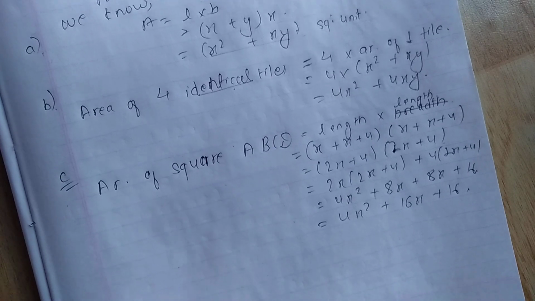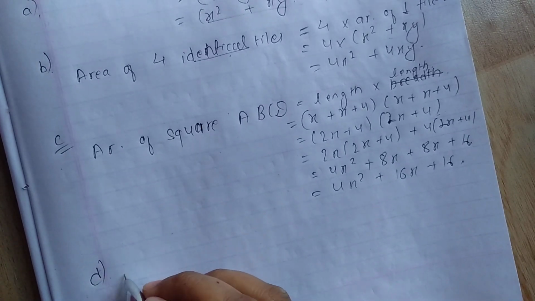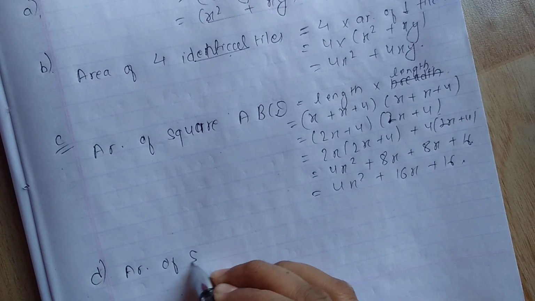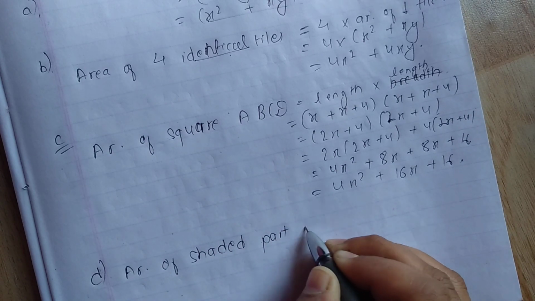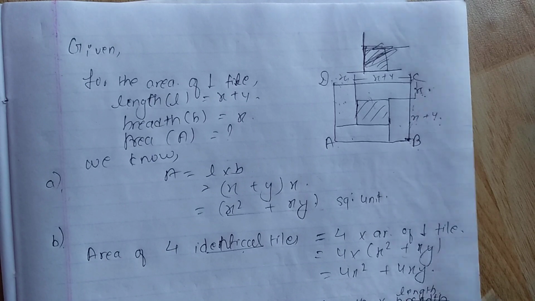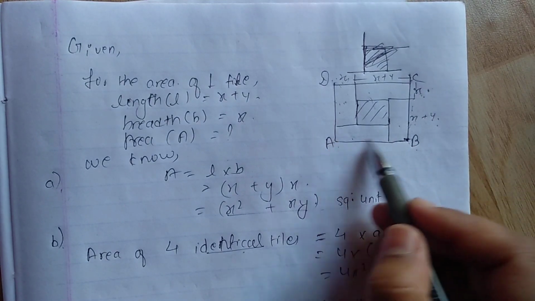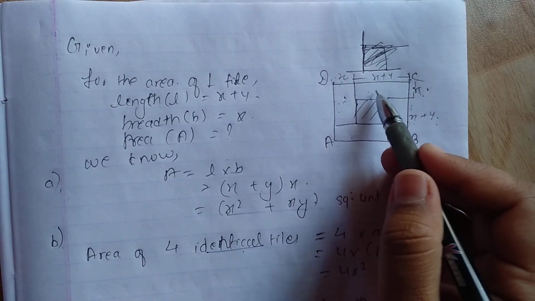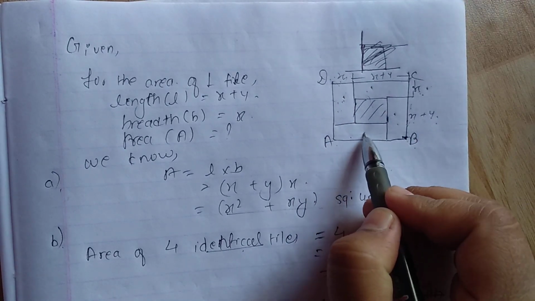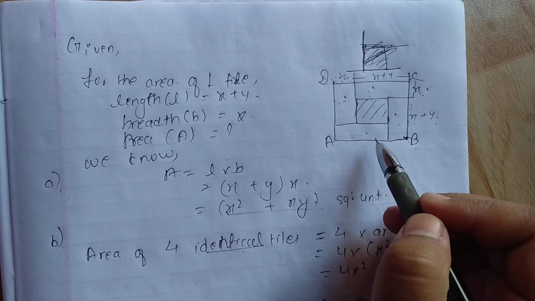Now the question D is saying to find the area of the shaded part. You can see now we found out the area of square ABCD. We have also already found out the area of these four tiles.